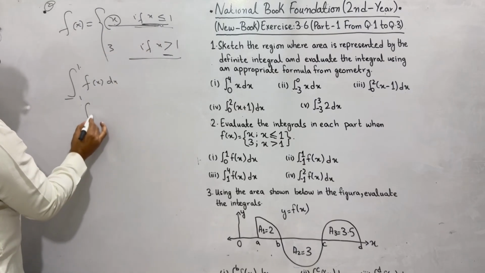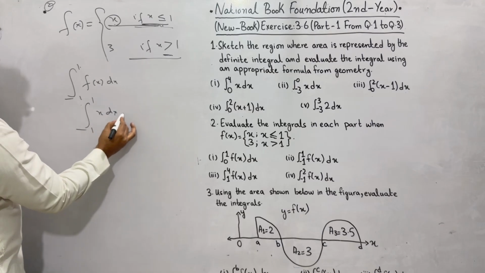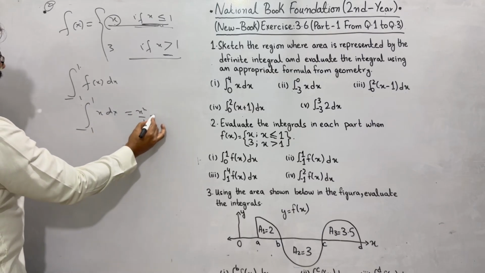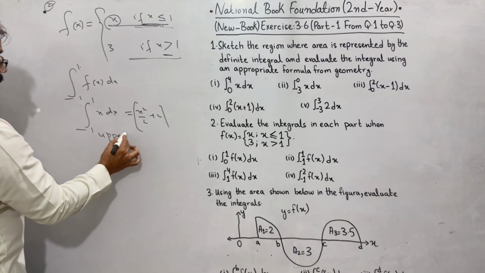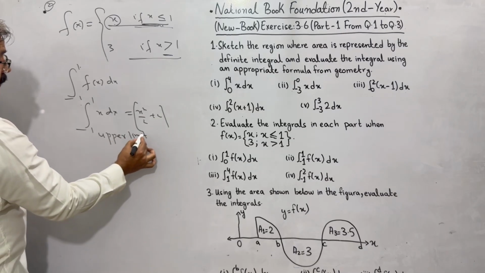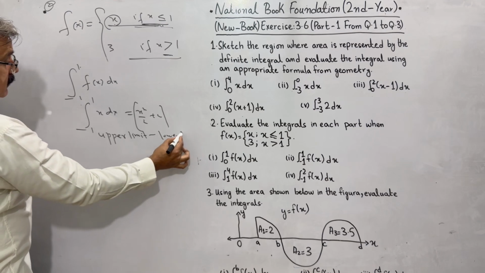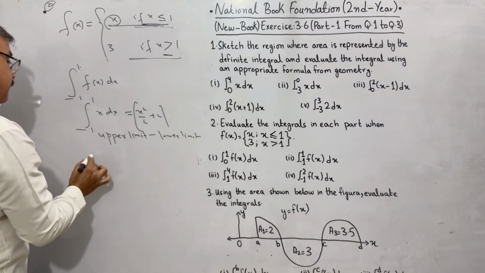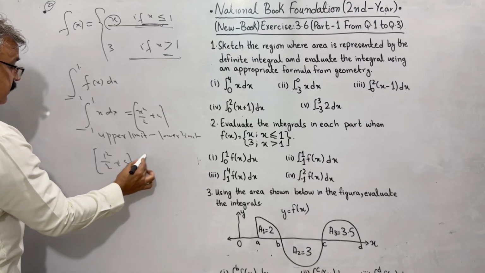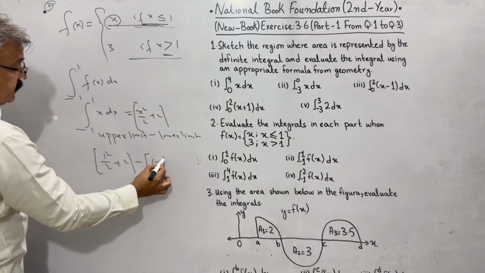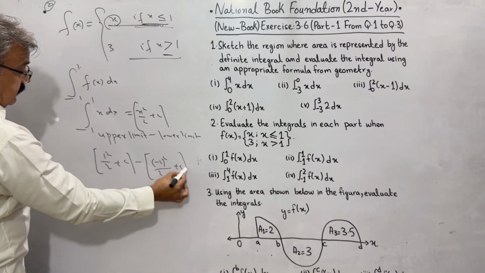So the integral from minus 1 to 1 of x dx. Integrate: x square over 2 plus c, upper limit minus lower limit. The upper limit gives 1 square over 2 plus c, minus the lower limit, minus 1 square over 2 plus c.